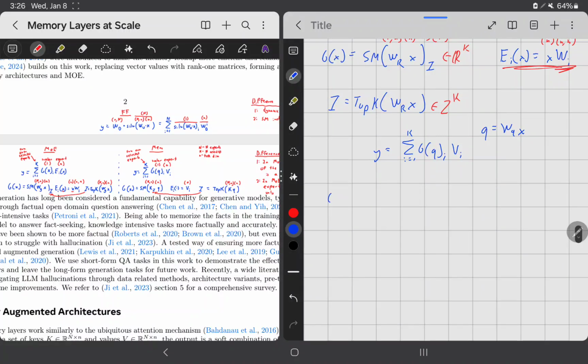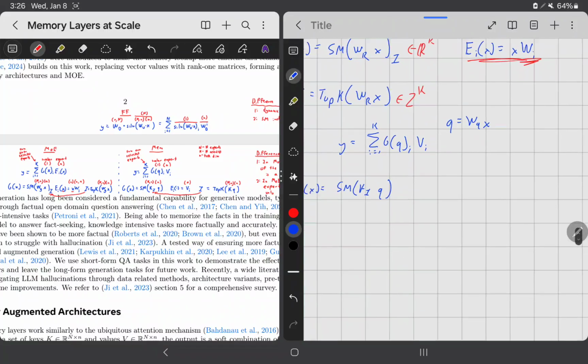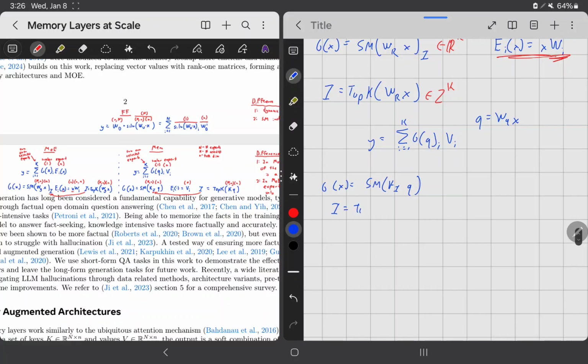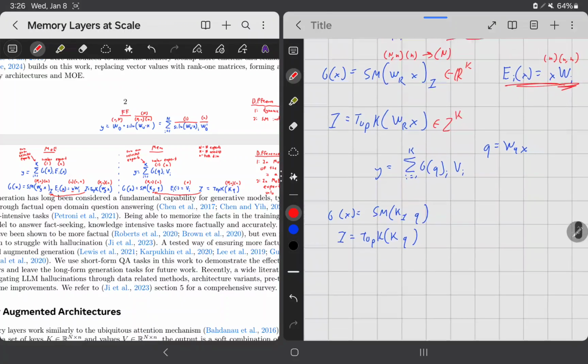So our gate here is going to be equal to the softmax of k indexed multiplied by q, where our index again is equal to the top k of W, or in this case it's K, times q. This is similar.